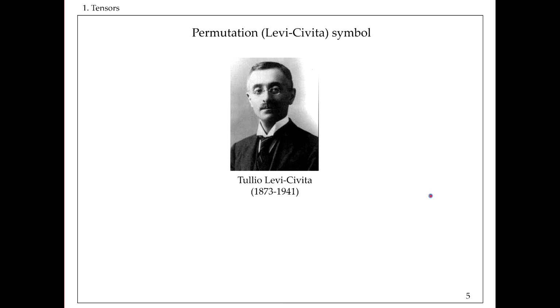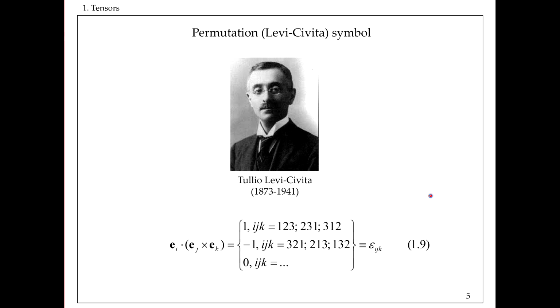This is named after an Italian scientist who gave his name to this symbol. Let's define it properly and then see how we can use it in, for example, the vector product of two vectors.